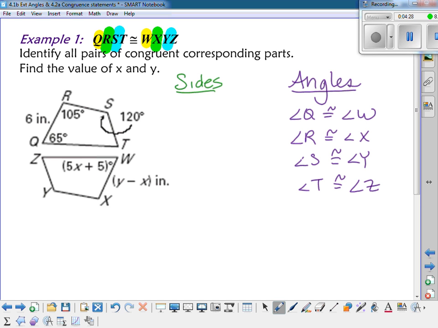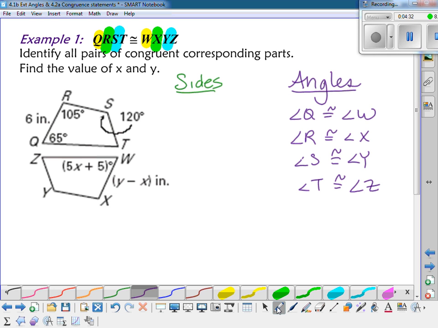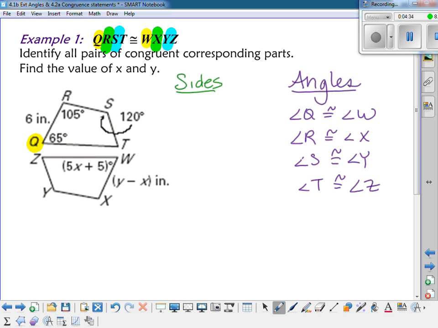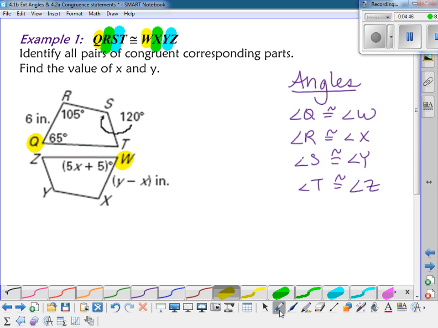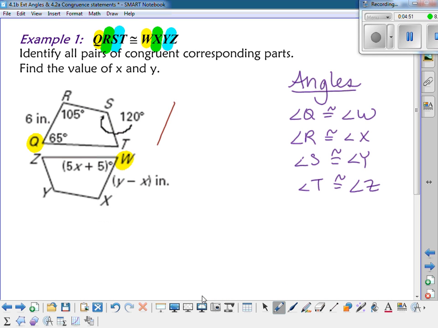Now, when I look at the figures, I can see that one of them is twisted relative to the other because Q is over here and W is on this side. And so sometimes it's hard to visualize it when they're not facing the same way. So actually what I'm going to do is I'm not going to write the sides there. I'm going to redraw the figure first so that it's in the same position as the first one.